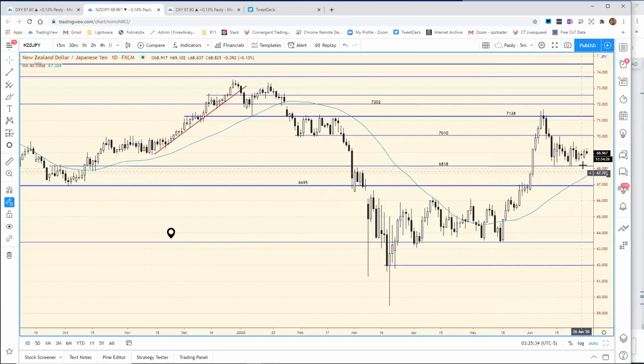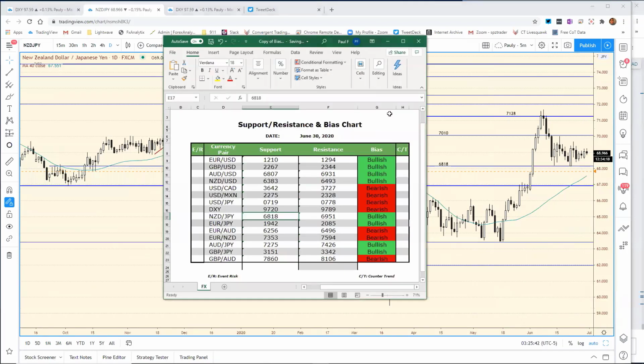Well, there's no changes here. Look at the Kiwi yen. I mean, it's just dead in the water. We have pushed a high, and we had 69.51. We're only at 69.25. So no changes here, 69.51. The only difference is on the downside, we can go with this body right here.